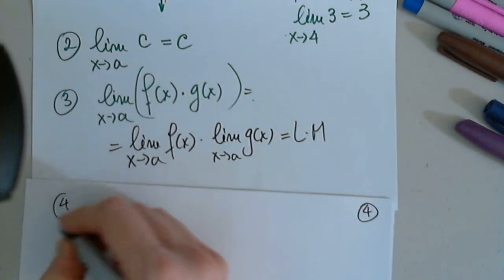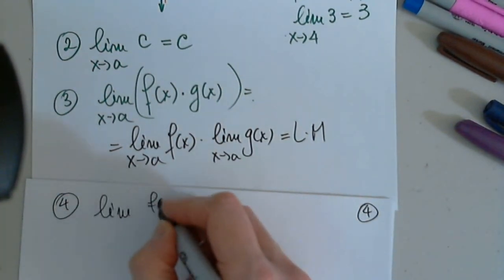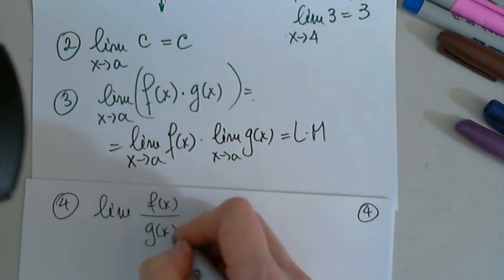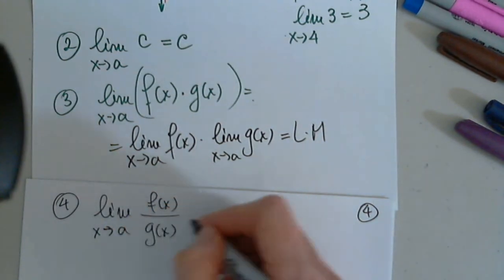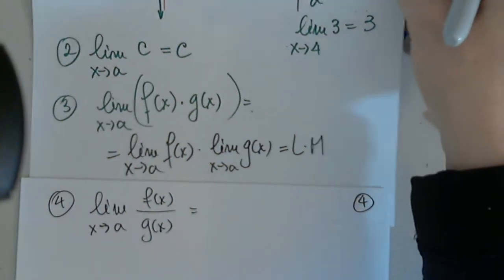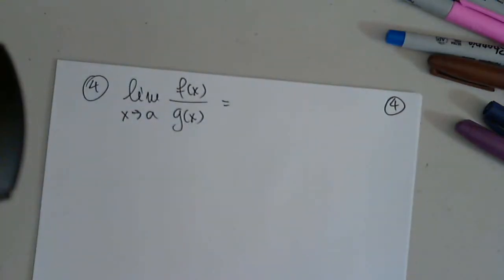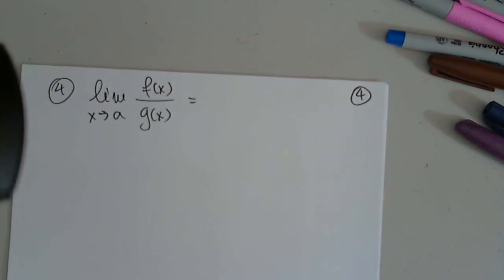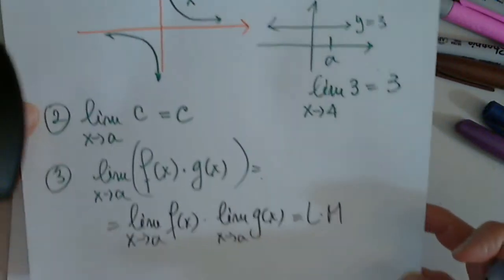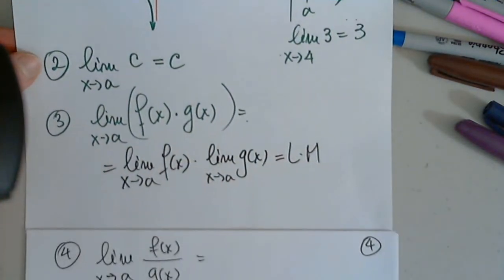So number 4, limit of f of x divided by g of x as x approaches a. Again, take a guess. Can you leave the last one on, please? I was just still writing. Sure. Would it be L divided by M?